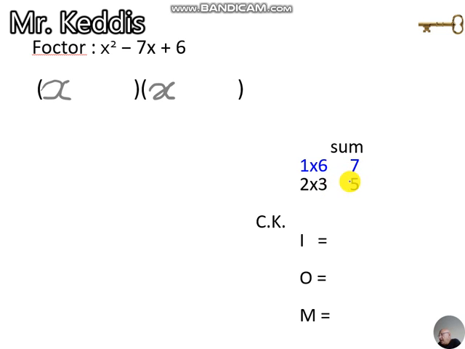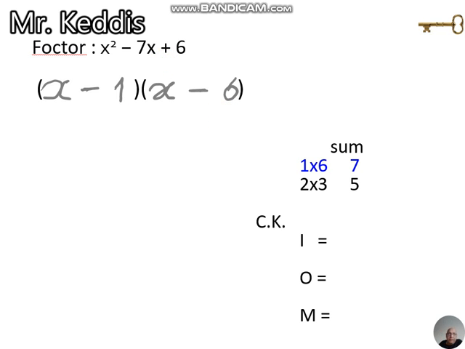The sum is 7 here and the sum is 5. I choose 1 and 6 because the sum here is 7. Because the middle term is negative, both signs are negative. Because when I multiply last times last, negative 1 times negative 6, I get positive 6.